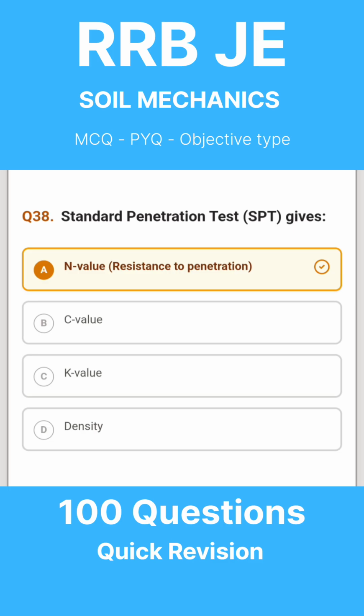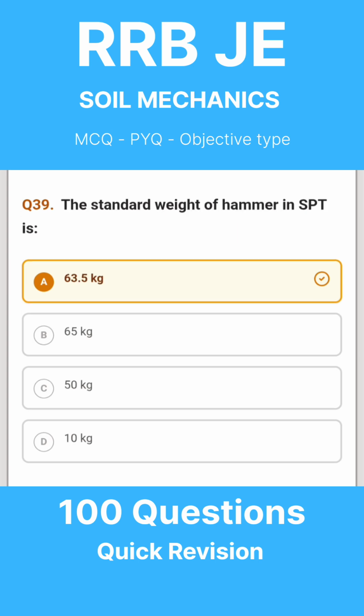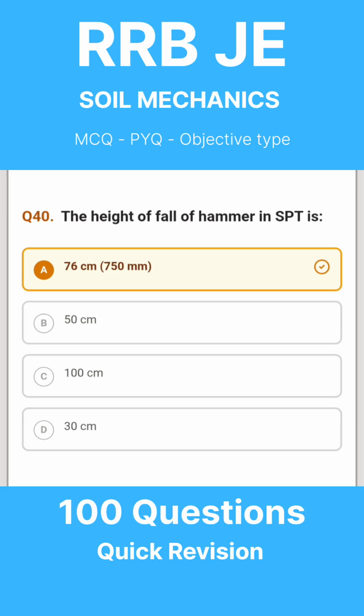The correct answer is N value, resistance to penetration. Question 39. The standard weight of the hammer in SPT is. The correct answer is 63.5 kilograms. Question 40. The height of fall of the hammer in SPT is. The correct answer is 76 centimeters, 750 millimeters.